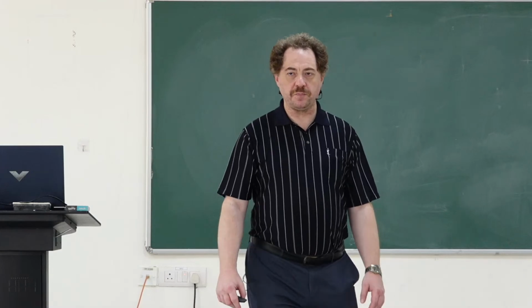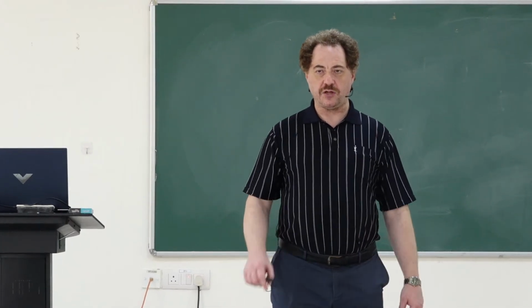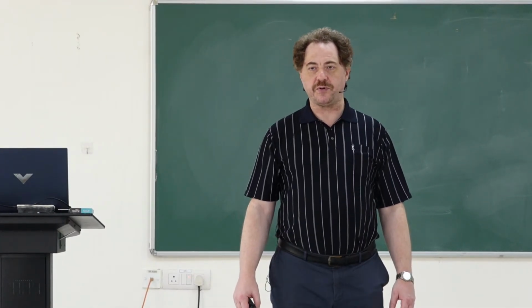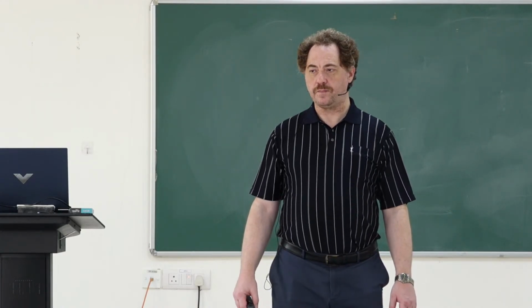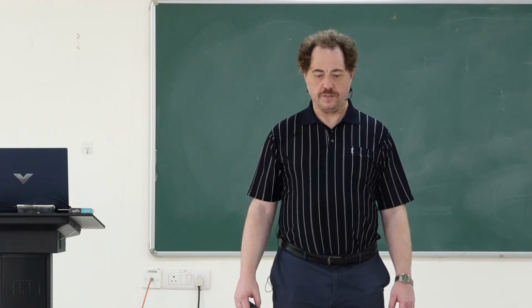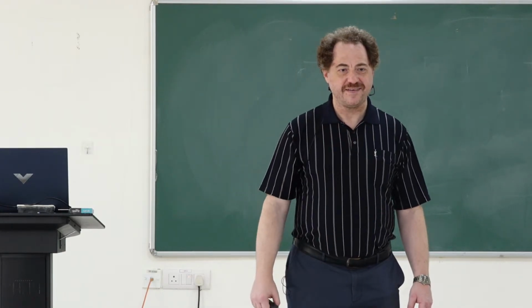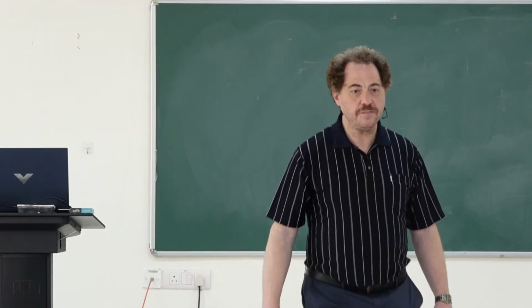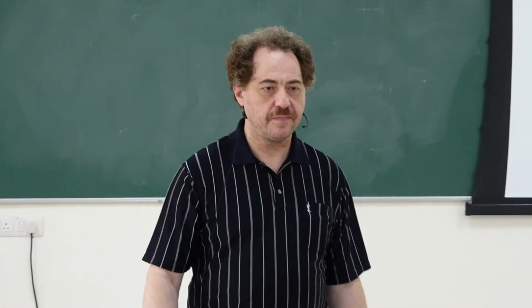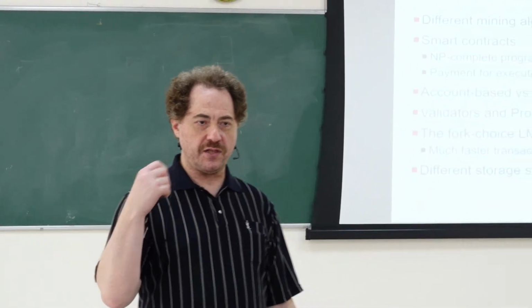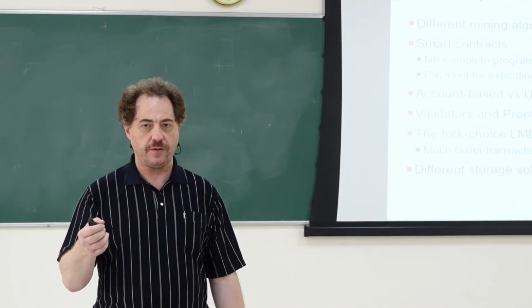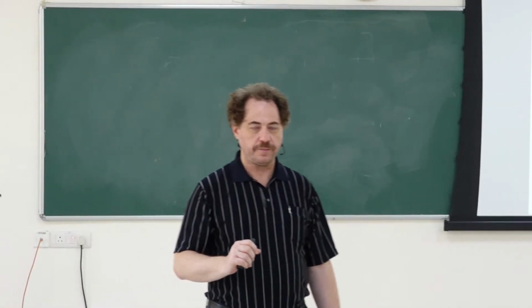If we have several branches competing with each other, how did we select the best branch? The winning branch. Please speak up. With the longest. So we were selecting the longest branch. That's the rule in Bitcoin.